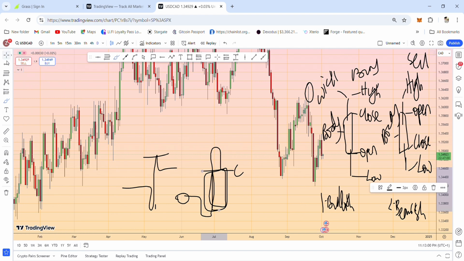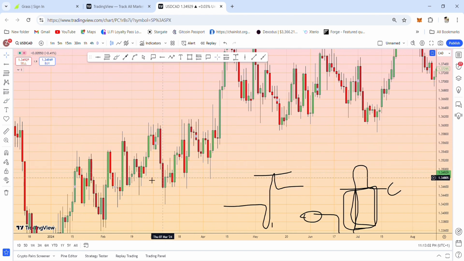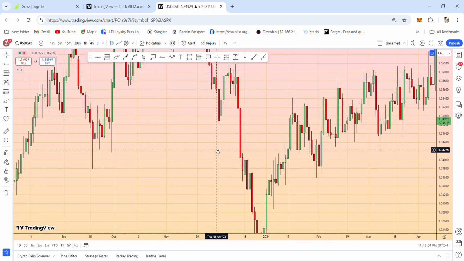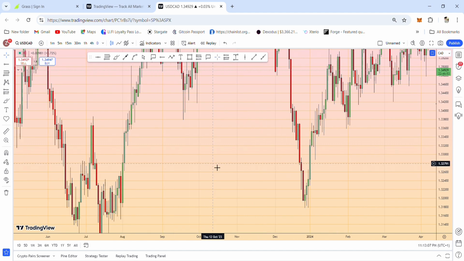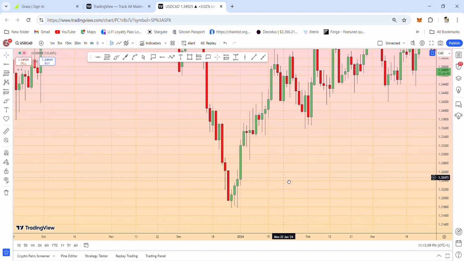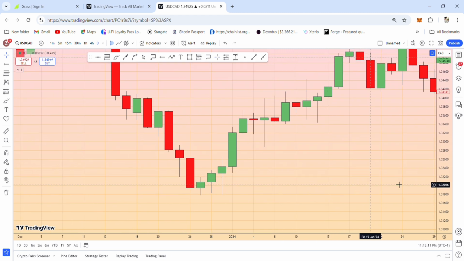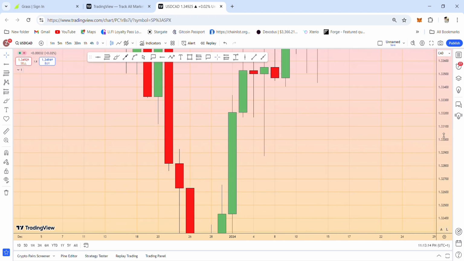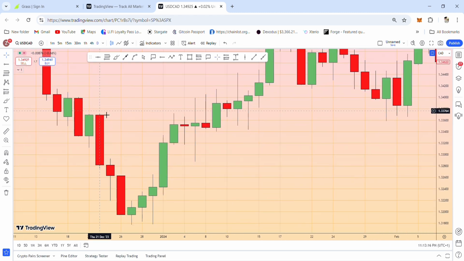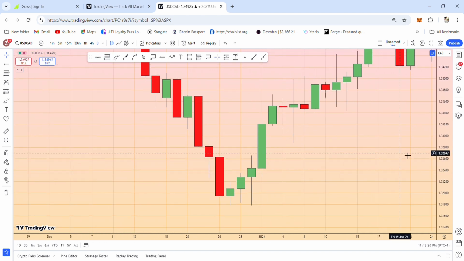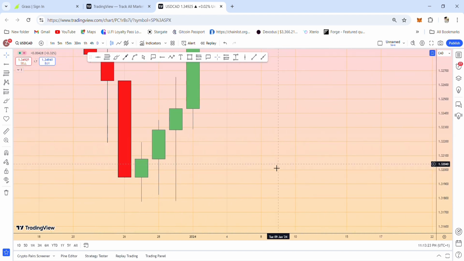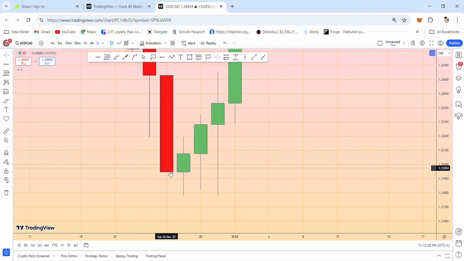For example, let's just take one of these candles. I'm using this last candle here. This particular one closed down.